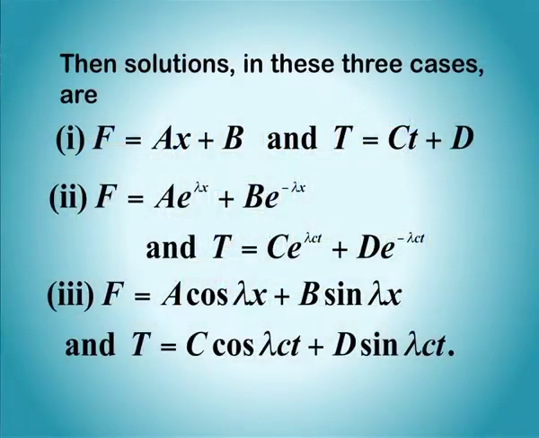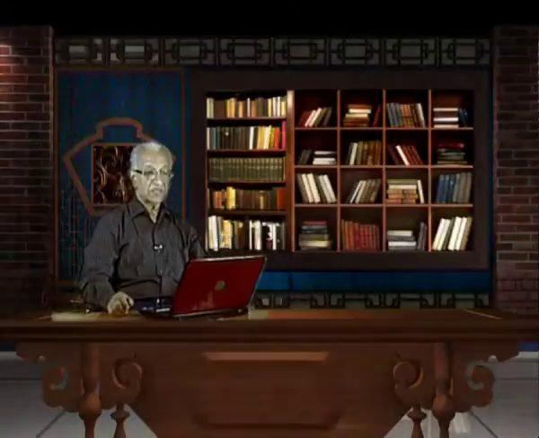So, the solutions are in three cases. The first case is F is equal to ax plus b, a and b are constants. Second is written like this, and the third is purely a trigonometric function, F and capital T, written with a, b, c, d constants, cos and sine are trigonometrical ratios.